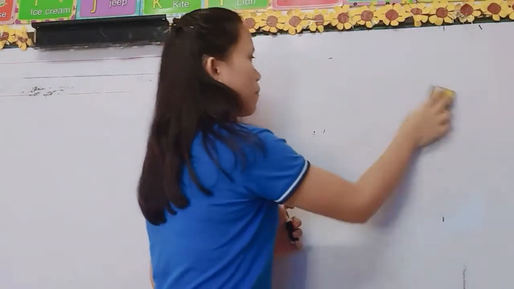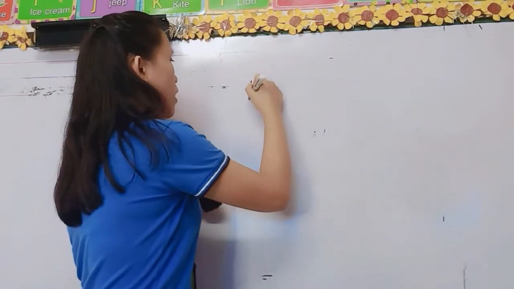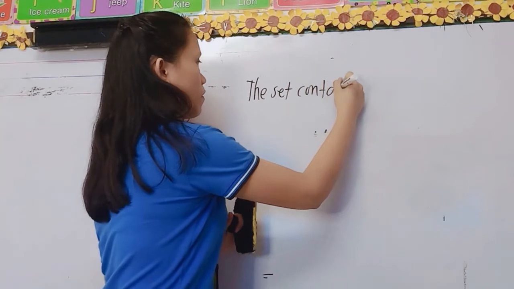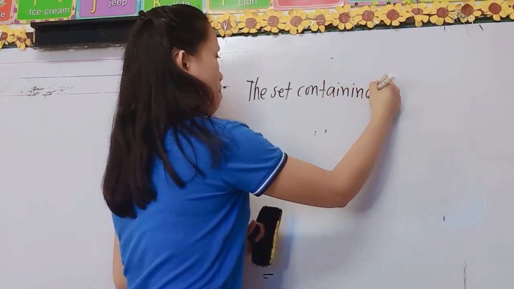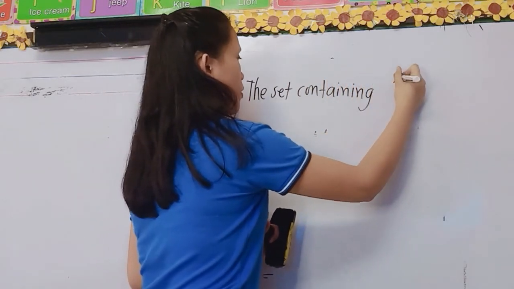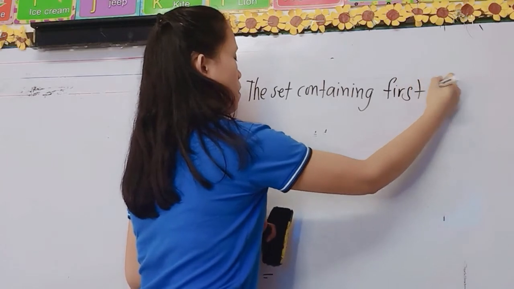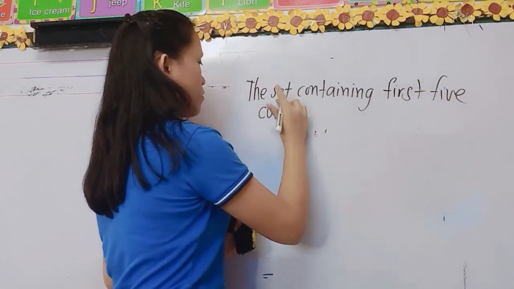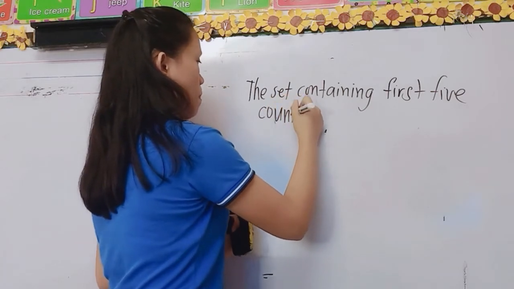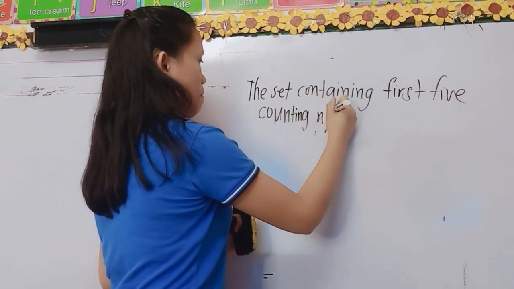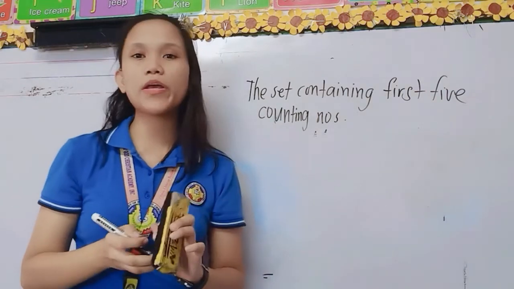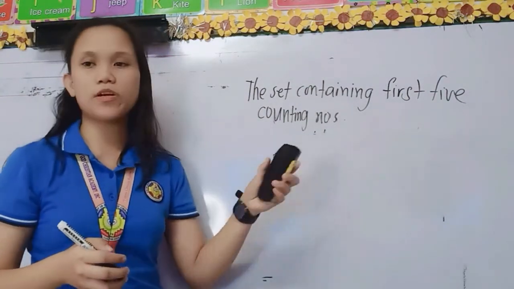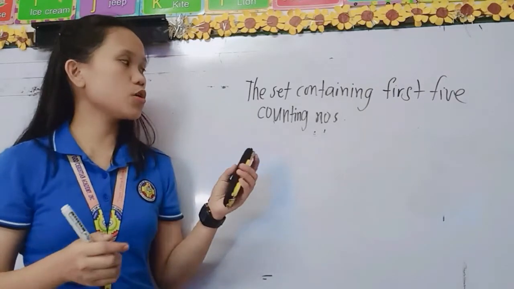So how are we going to write the set containing the first 5 counting numbers using roster method?